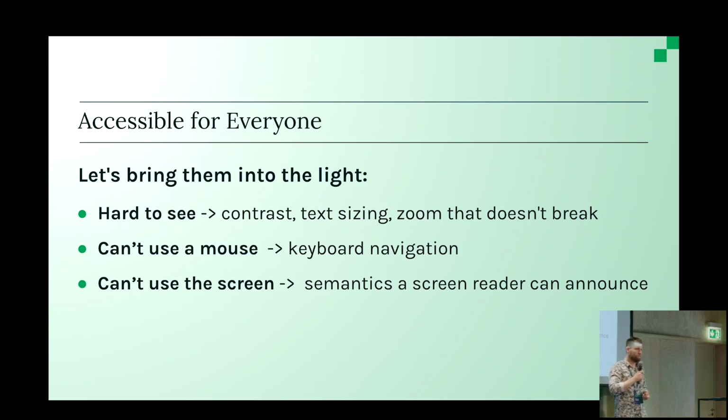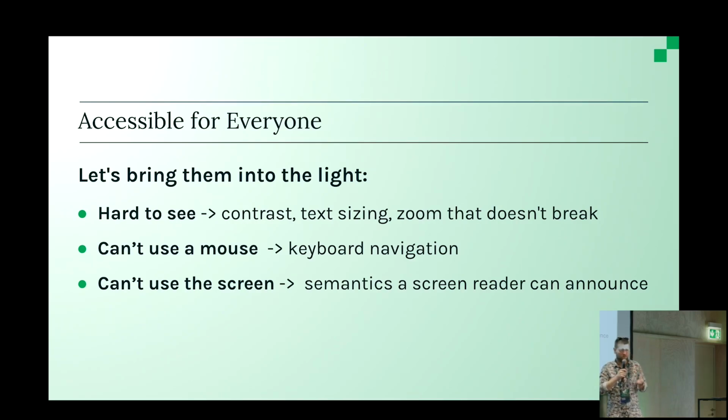Then we want to help those who cannot use a mouse, maybe because of a strain injury or anything else. It doesn't matter. We are providing alternative keyboard navigation for all the interactions that are possible.